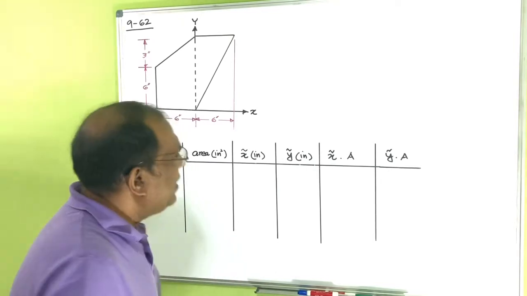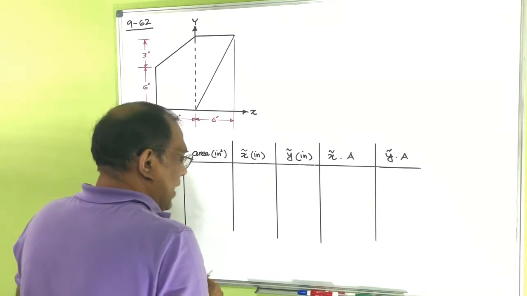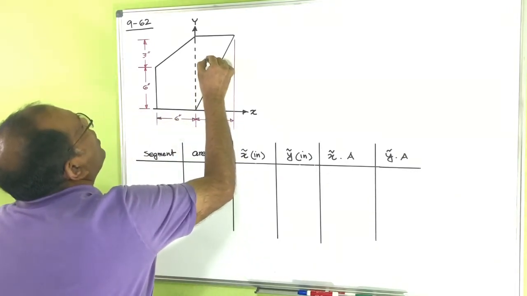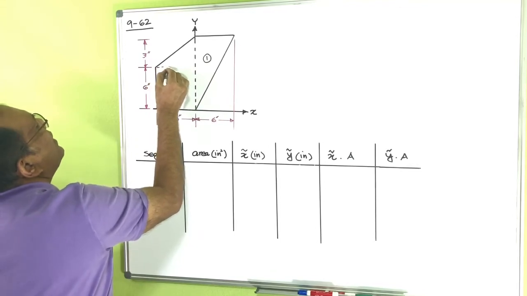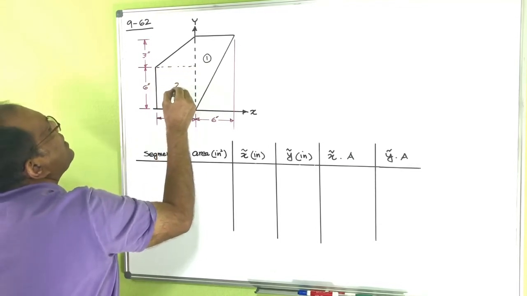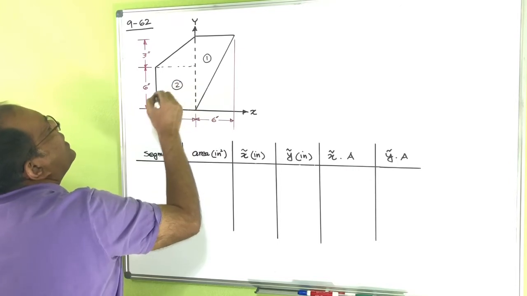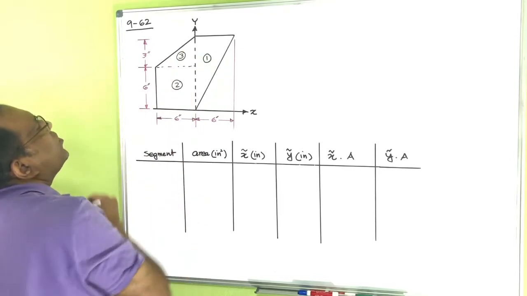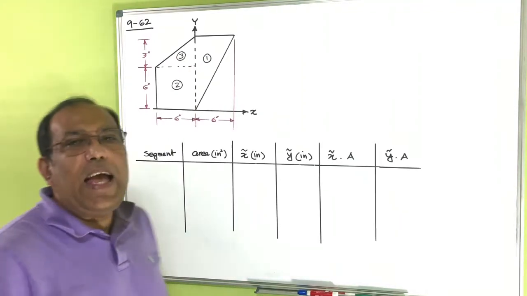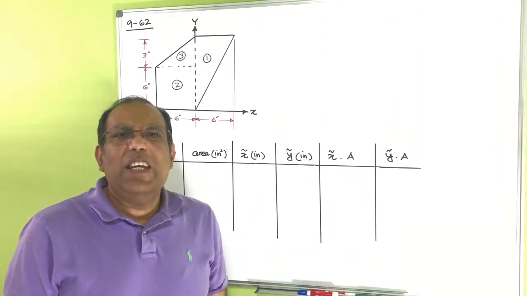So for here, let's say this is area 1. Let's say I'll just divide that one like this. So this is a square area and this is a triangular area. So I have 3 segments or 3 components.